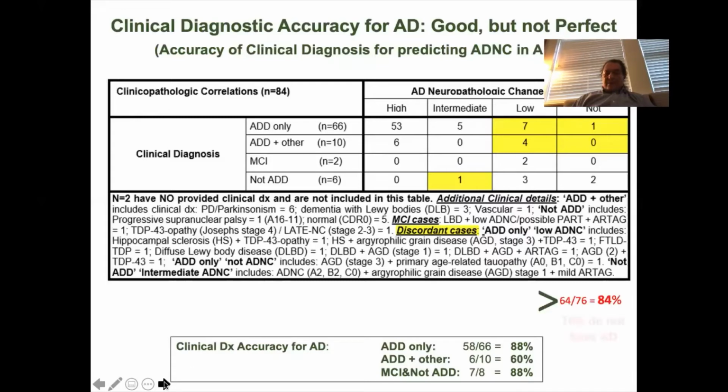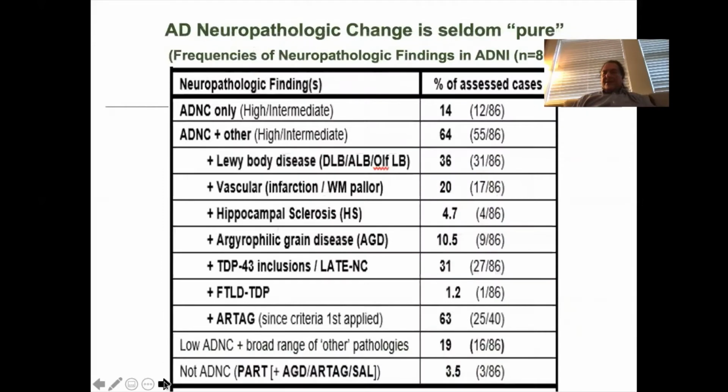But one of the most interesting things is that if you look at the other diseases, we see that 36% of our cases had Lewy body disease, 20% of our cases had vascular disease, 10% had argyrophilic grain disease, and 31% had TDP-43 inclusions.